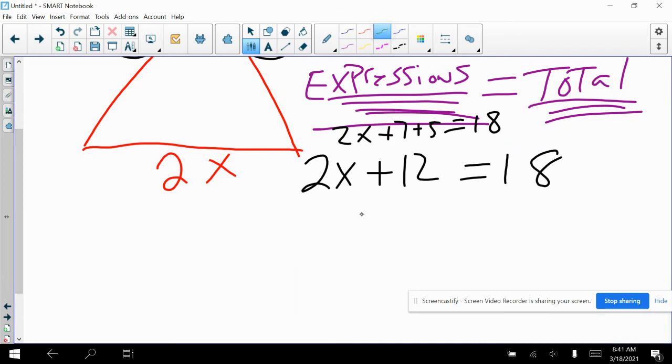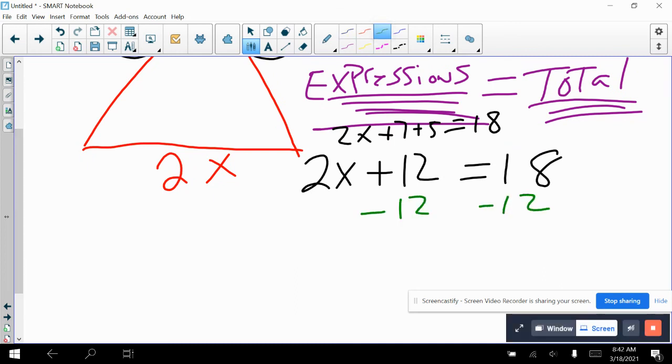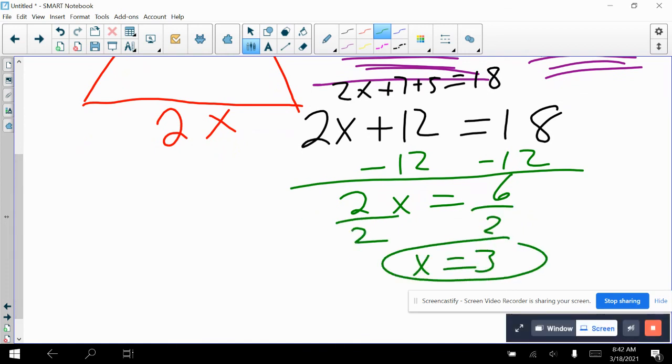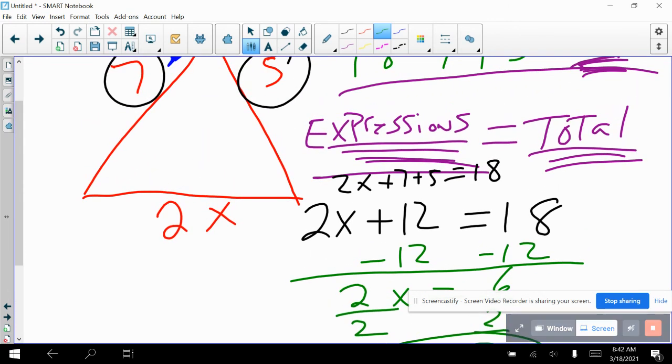And now we get down to doing what we need to do mathematically. So now up here, the answer is not 3 here. You understand that?